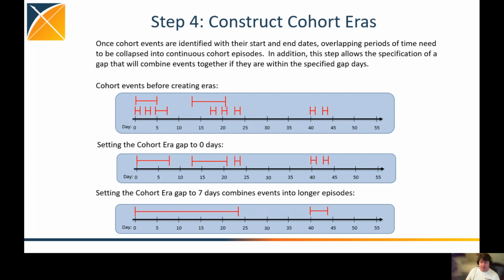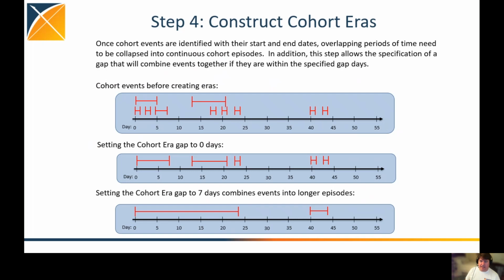If we have a gap of 0 days, then only the overlapping episodes or events will be combined into these cohort eras. So in this case, we see that we have 5 eras that were created from these individual cohort events.